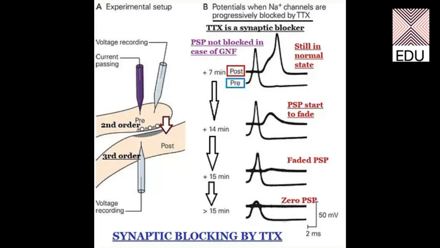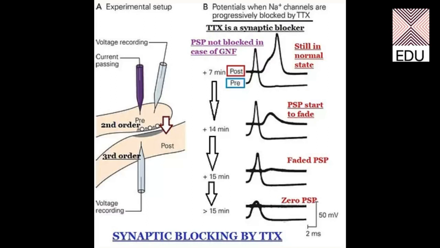Here the TTX is not able to block the giant nerve fiber systems. The TTX can block normal fibers or normal neurons, but in the case of the second and third order giant nerve fibers, even the TTX fails to block the transmission.